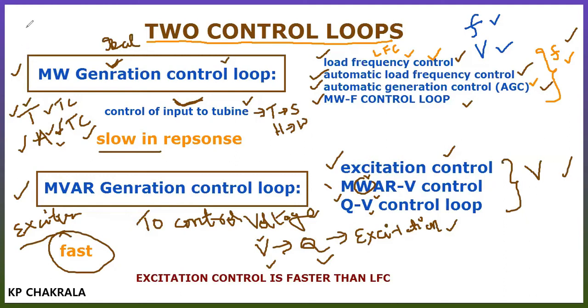We should have one block diagram which integrates these two loops, so that at the same time we can control the frequency and voltage. Now our aim is to discuss the block diagram which combines these two control loops.